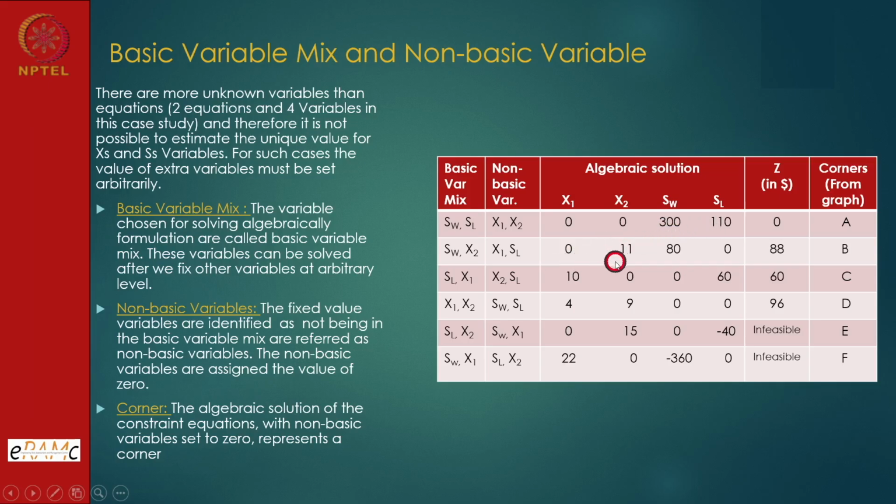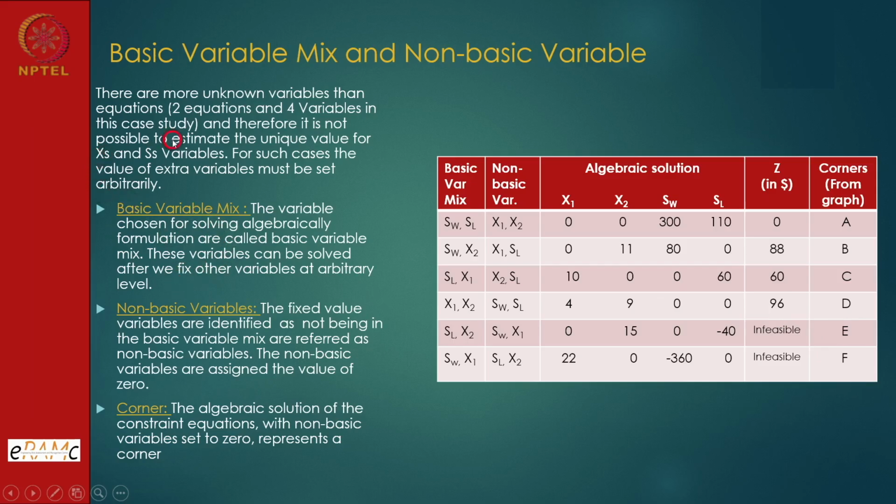If we have 0 and 11 values, all these values we have put in the table. For the last two cases we do not have a feasible solution, which we will discuss here. How many corners are there? A, B, C, D, E, F. So we are talking about the algebraic solution, but we will demonstrate through the graph also.